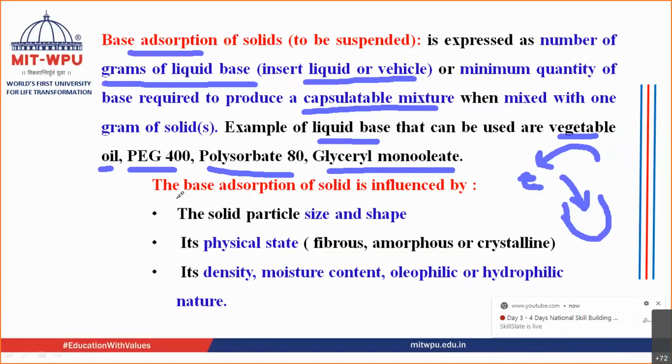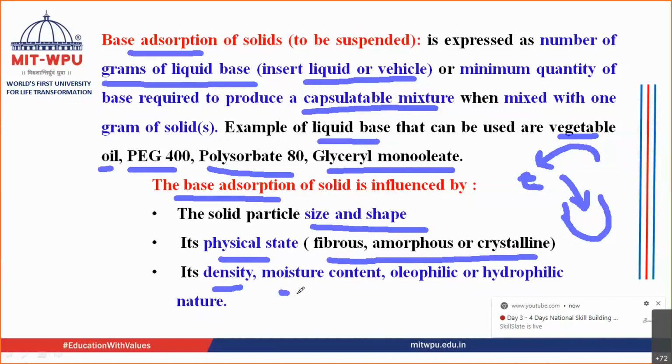Now this base adsorption is affected by many things. It is affected by properties of the solids. What is the shape and size of the solid? What is the physical state of the solid, whether it is a fibrous material, in amorphous form, or in crystalline form? That also affects the base adsorption. It is also affected by density, moisture content, whether the substance is oleophilic in nature, or whether it is hydrophilic in nature.